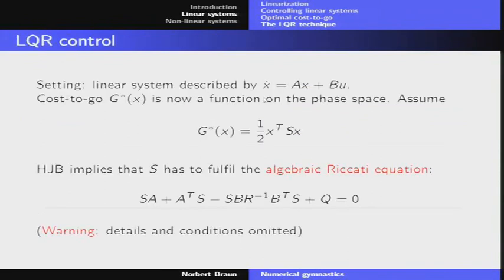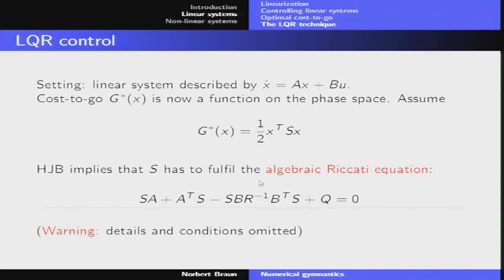Now again, if you have a linear system described by this type of equation, now let's assume that the cost to go, which is now a function on the phase space, would be described by a quadratic form like this. And the idea is that we assume that, then we can use this Hamilton-Jacobi-Bellman equation to show that this matrix S, which parameterizes the cost to go, has to fulfill an equation like this.